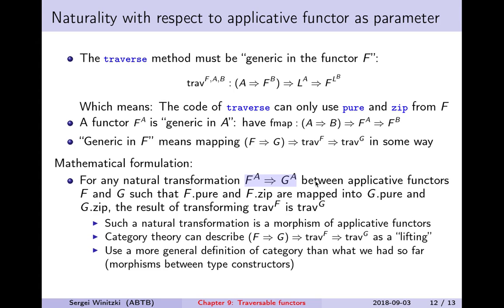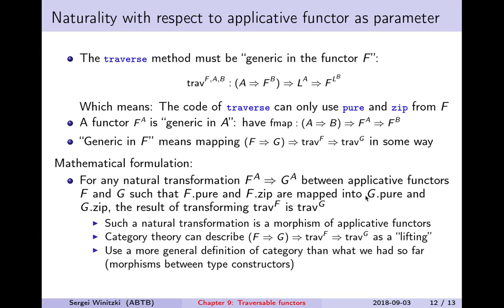Natural transformation by itself has laws already, and in addition to being a natural transformation, it needs to preserve the applicative properties of f, so that pure is mapped to pure, zip is mapped to zip, and the laws, of course, must hold for both applicative functors.